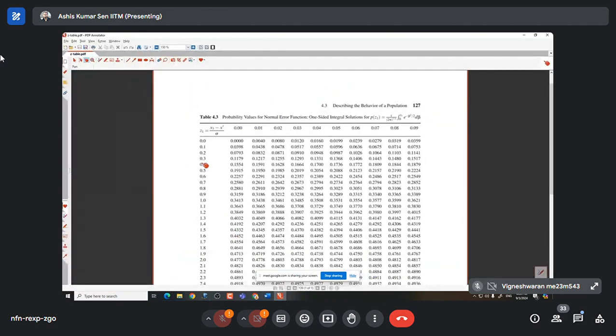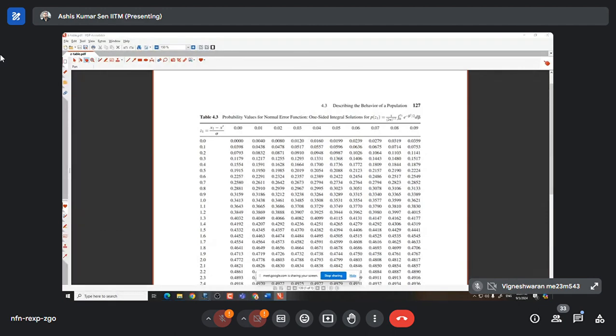So you go 0.2, 6. That is, you are approximating. You have to really interpolate between 0.06 to 0.07 because it is 0.26 and 3. I'm just approximating as 0.26.